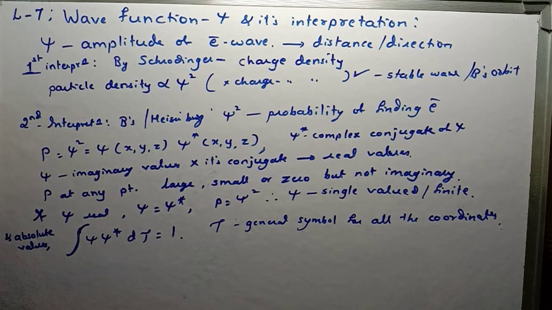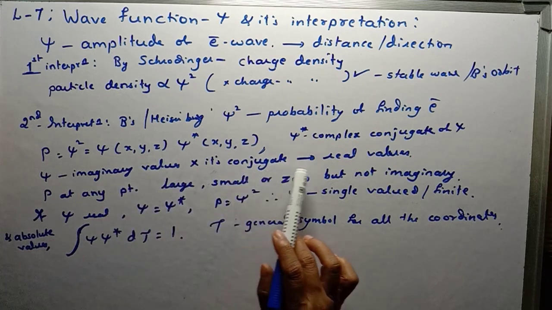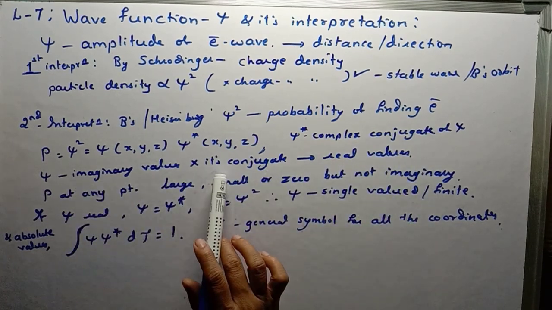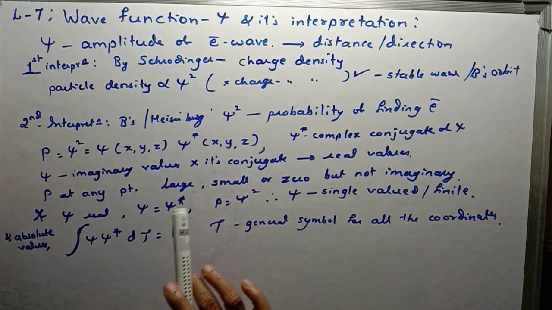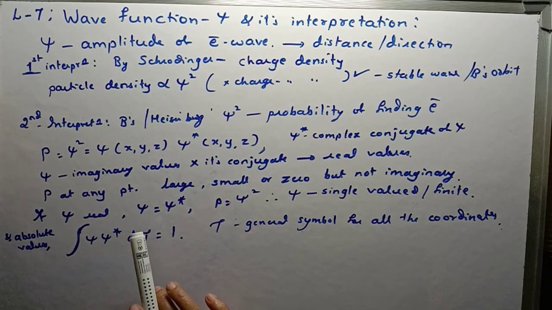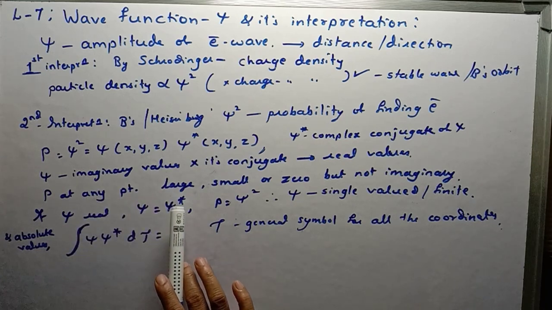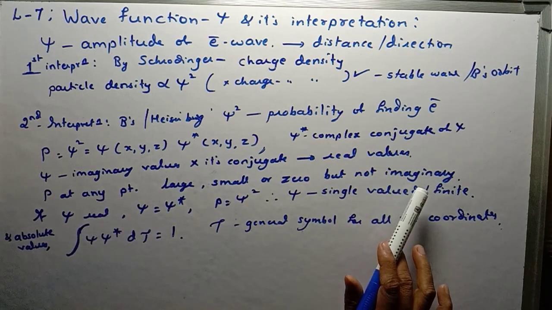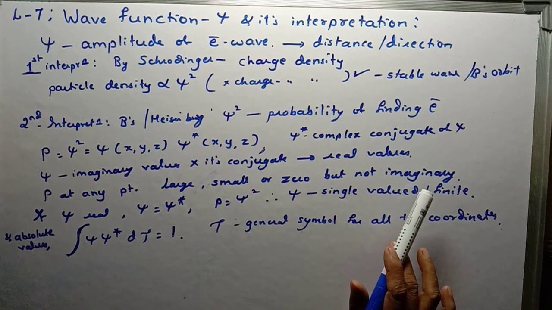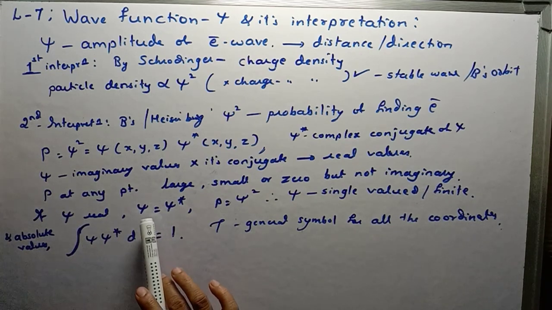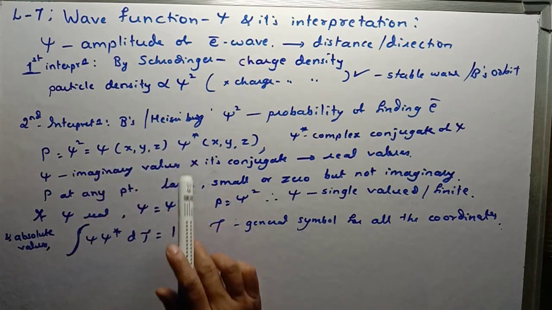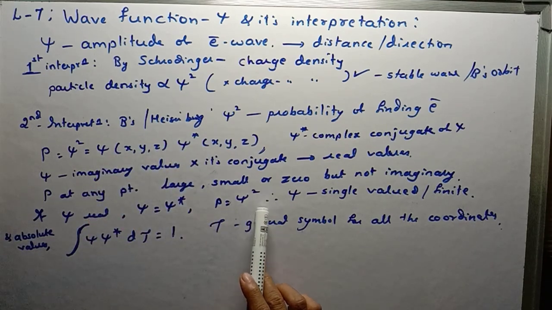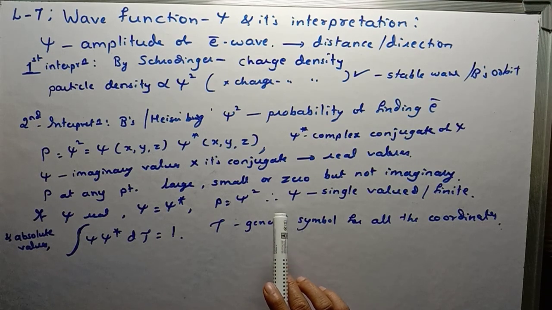So to convert imaginary values into real values, psi is multiplied by its conjugate. If psi is real, then psi is equal to psi star, and therefore P is equal to psi square.